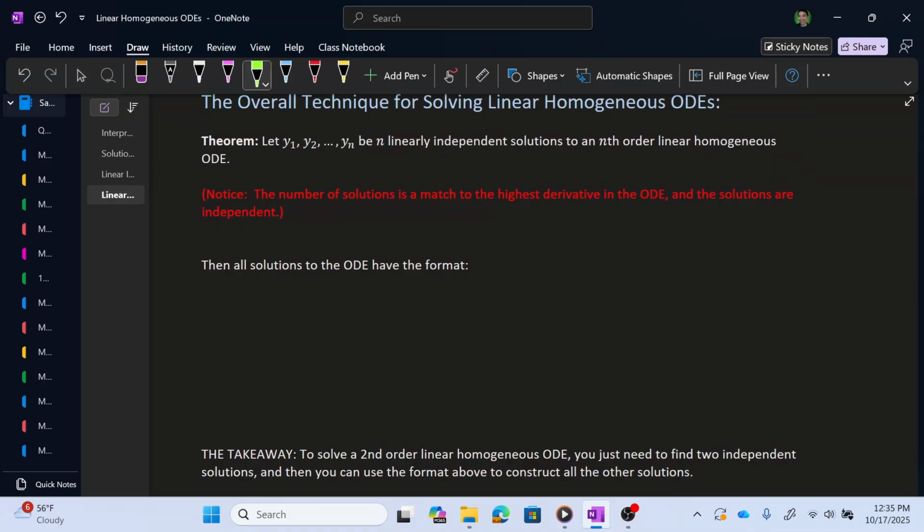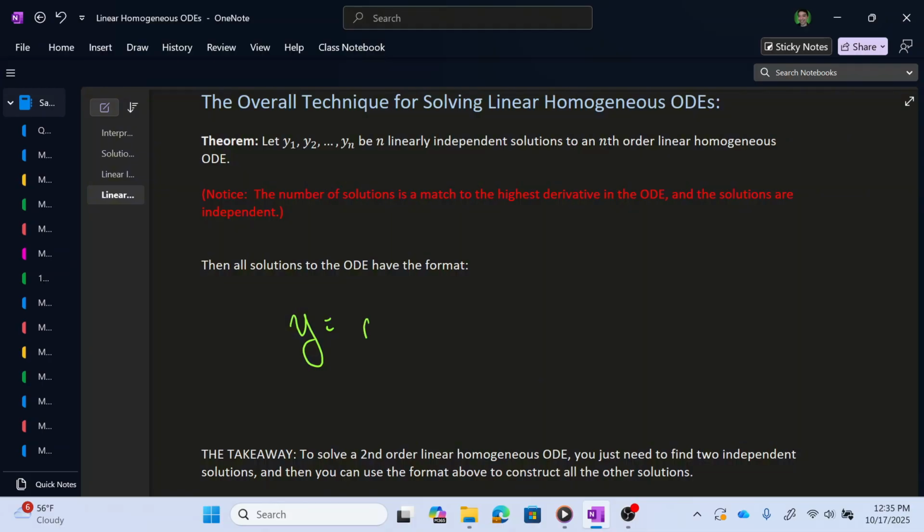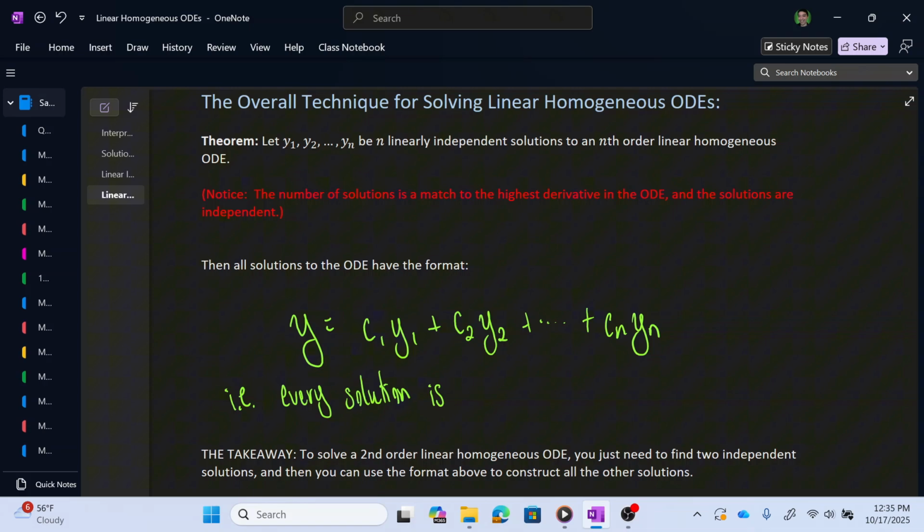You can construct every other solution to this differential equation by creating a linear combination of these first n solutions. All solutions to the ODE have the format some number times the first solution, some number times the second solution, some number times the last solution. In other words, every solution is a linear combination of these first n solutions.